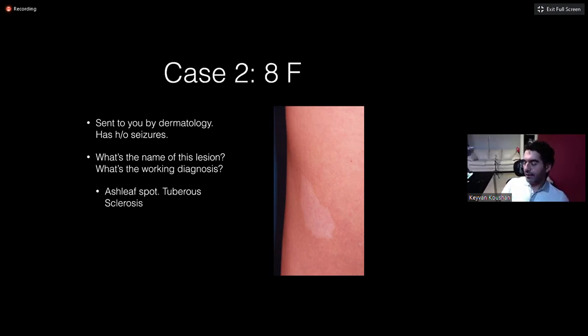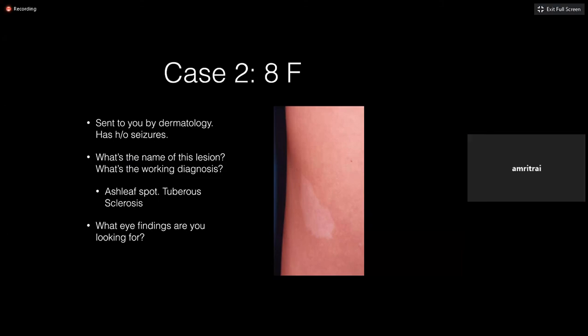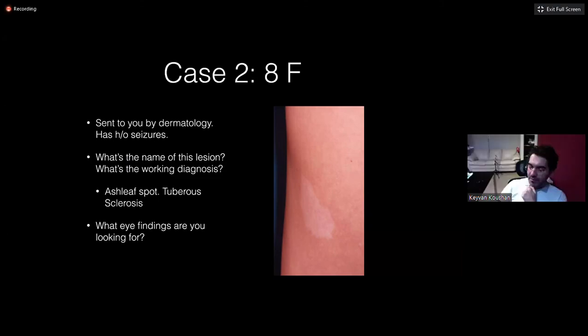And what eye findings are you looking for? Astrocytic hamartomas. Exactly. And remember, that's hard to see. It's not going to be a glaring mulberry lesion every time. If you have FAF, a large wide-angle FAF, that's very good, because it's going to pick up those calcific lesions easily. But those astrocytic hamartomas or astrocytomas are hard to see sometimes.